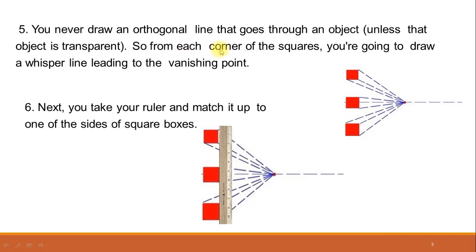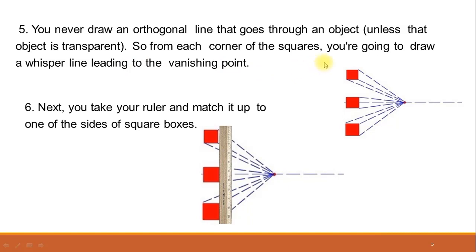So from each corner of the squares, you are going to draw a whisper line leading to the vanishing point.